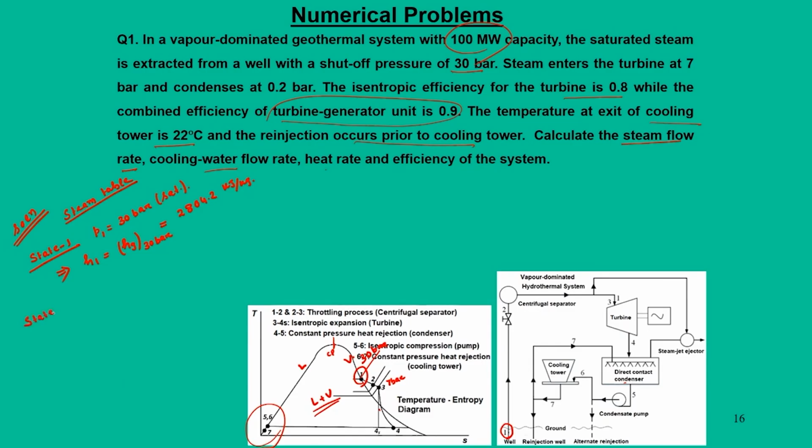Then we have state 3. State 3 means inlet to turbine, and in between of course we have this throttle valve, with an initial drop in pressure, so we can say from 1 to 3 it is a constant enthalpy process.